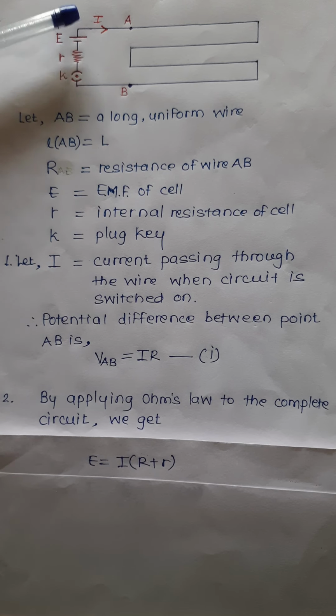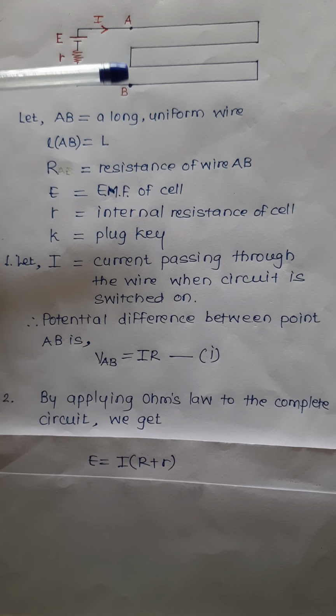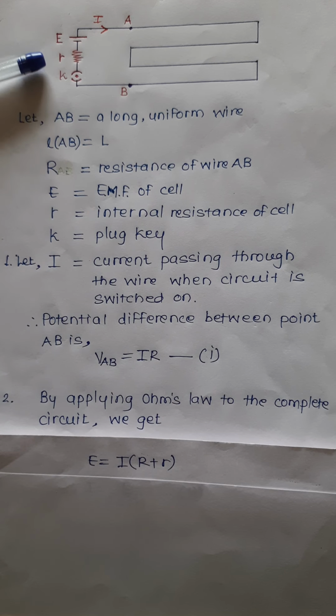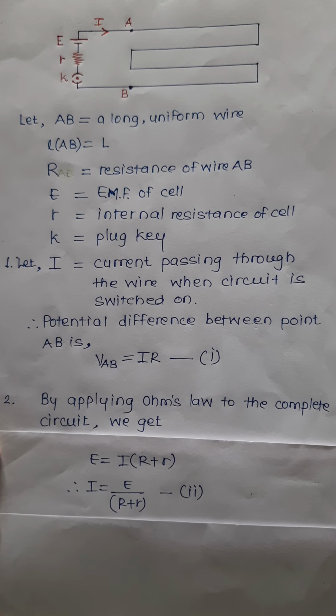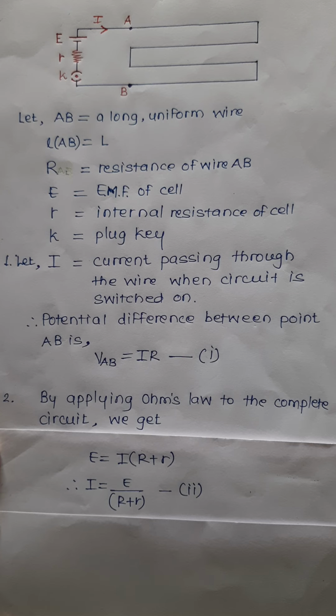Current passing through the circuit is I and resistance of this circuit is capital R plus small r, where capital R is resistance of wire plus small r, where small r is internal resistance of cell. So we get formula E is equal to I in bracket R plus small r. Rearrange this equation for I and we get I is equal to E upon R plus small r. Let this be equation 2.